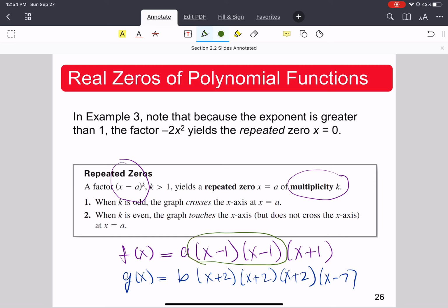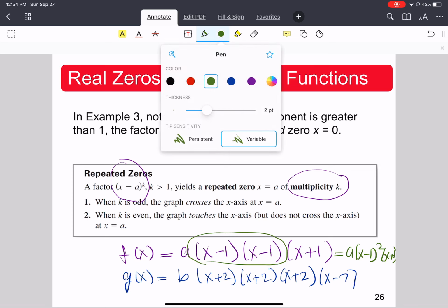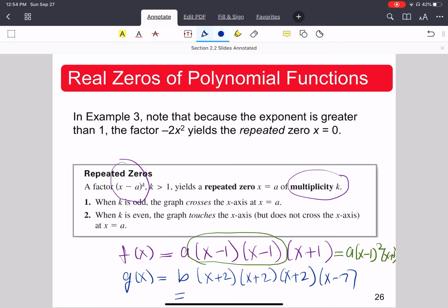So this function is the same thing as a times (x minus 1) squared times (x plus 1). The second function could be written as b times (x plus 2) cubed times (x minus 7), because we have the three over. That's when we have repeated zeros.